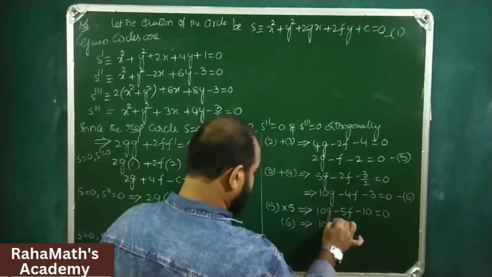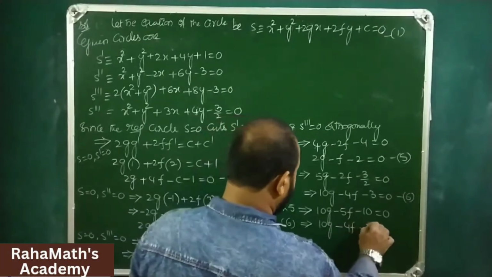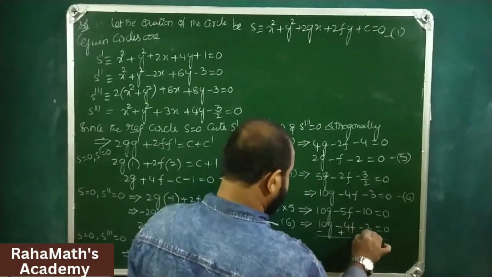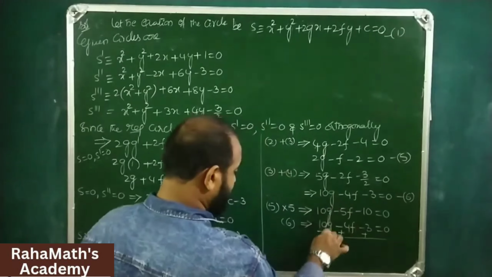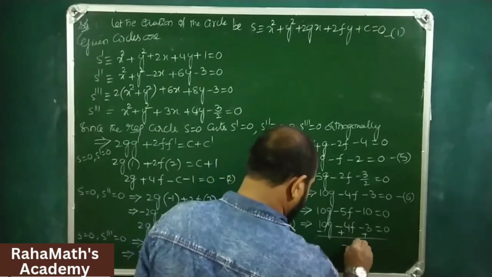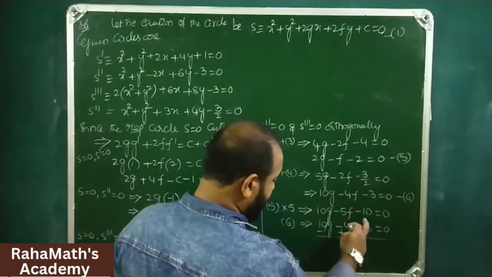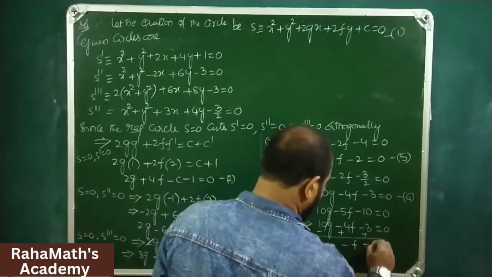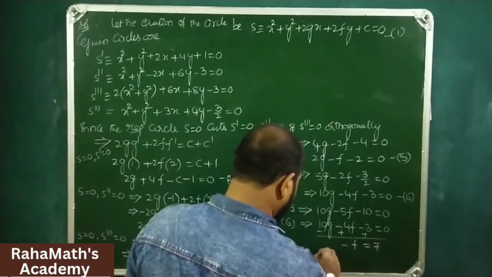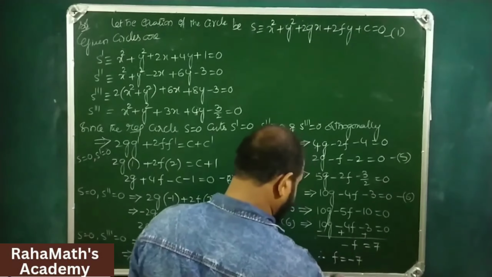So 10G minus 4F minus 3 equals 0. I will subtract, minus plus plus. So G cancels. Minus 5F plus 4F is minus F. Minus 10 plus 3 is minus 7. If you take it to that side, it will be plus 7. Therefore, F equals minus 7, I get.